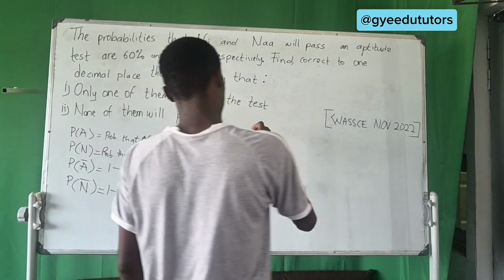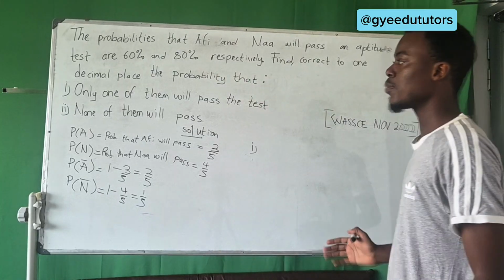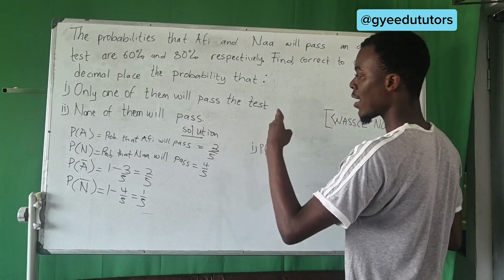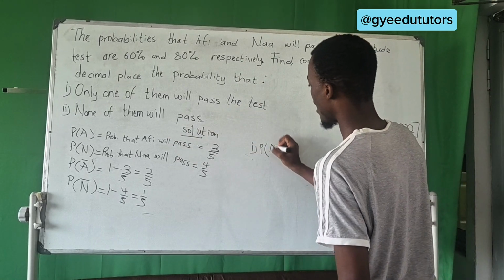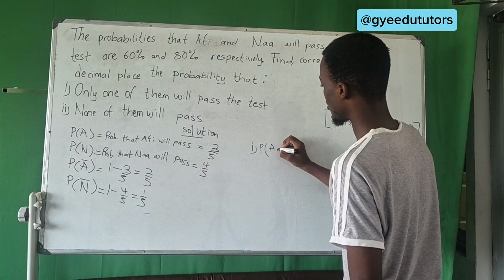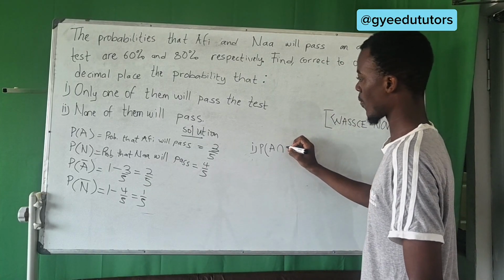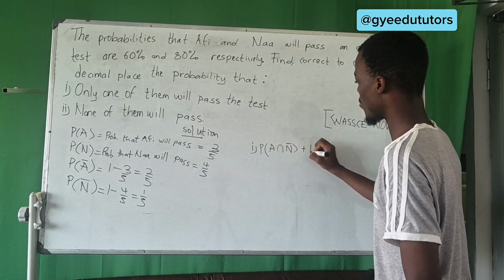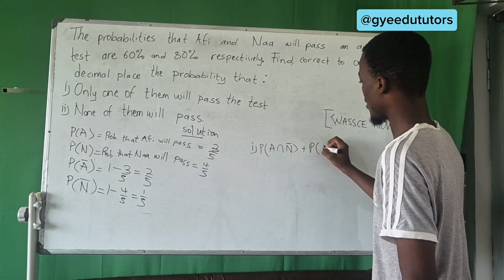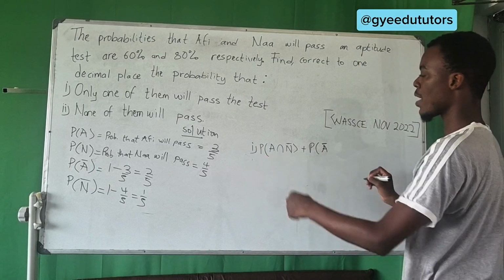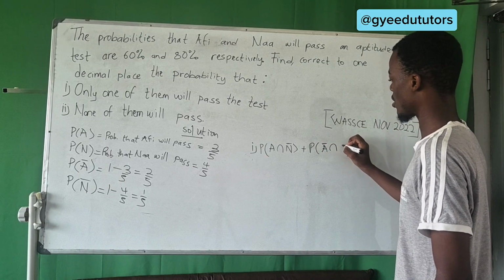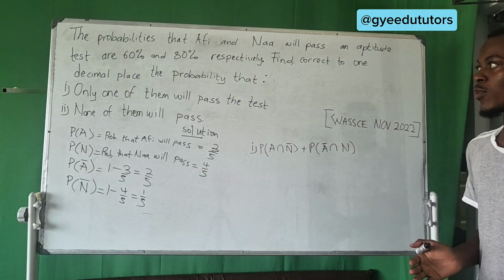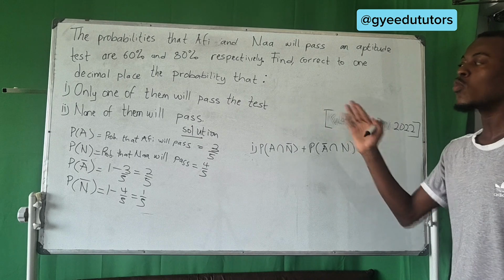Okay. So now, the probability that only one of them will pass the test is either Afi passes the test, so probability of A intersection N complement, plus the probability that Afi did not pass the test, intersection N, which is Nana passes the test. Because I said we should find the probability that only one of them passes the test.